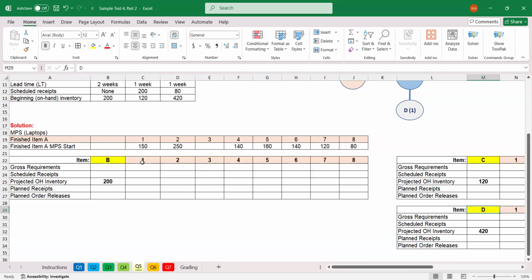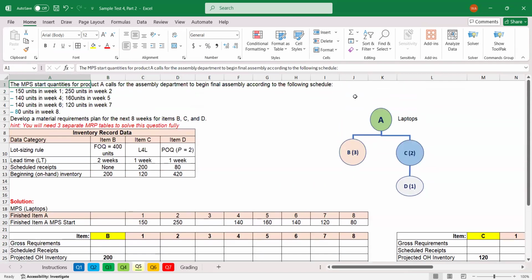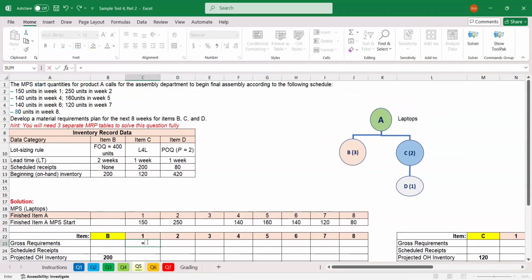Now, what's the gross requirements for B? Your gross requirements for a certain item requires you to see what's above it here. So B feeds A. So A needed 150. Whatever the finished item MPS start is going to be becomes your gross requirements for that item.